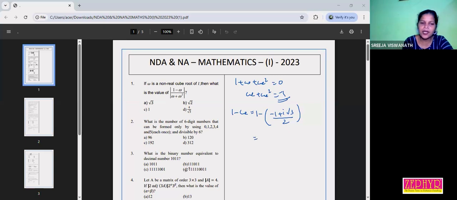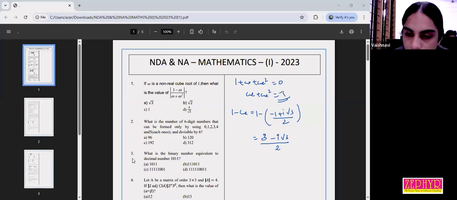What is 1 minus omega? Three minus I root 3 by 2. Is it right? 1 minus omega. Yes.